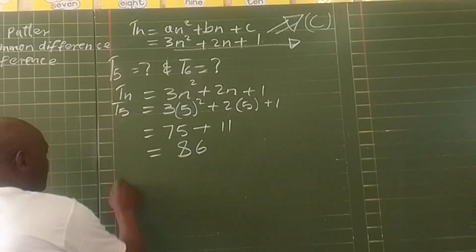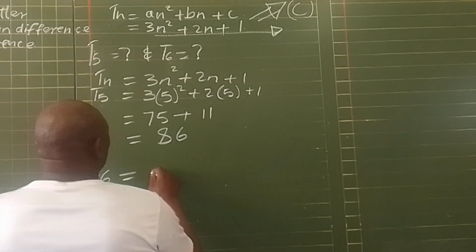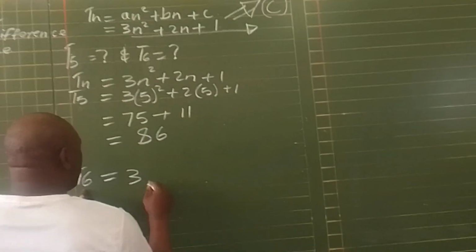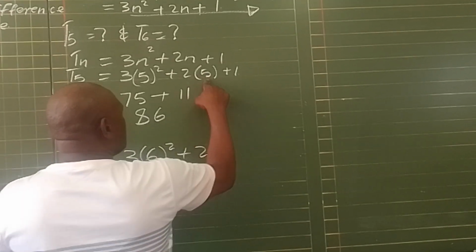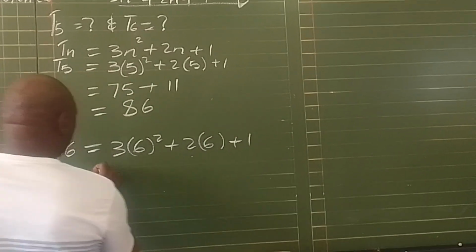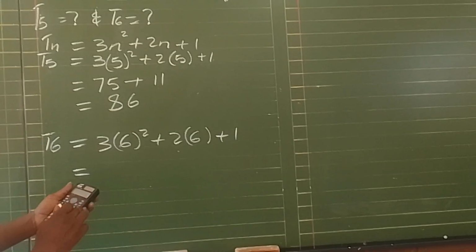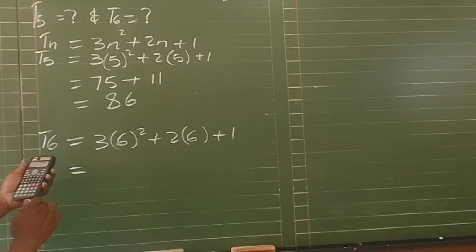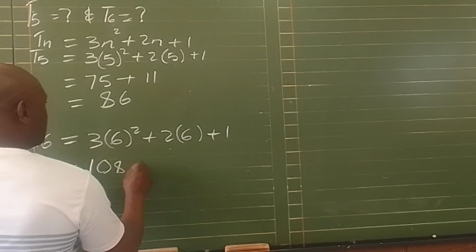Then term number 6 will be, when you see n, you put 6. You add 1. What is 6 squared? 6 squared is 36. 36 times 3 is 108.